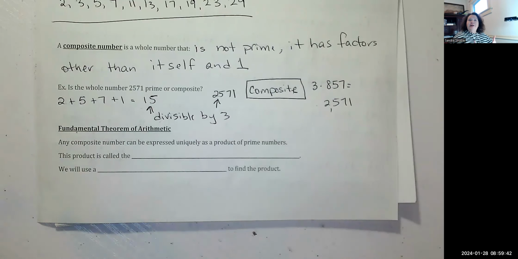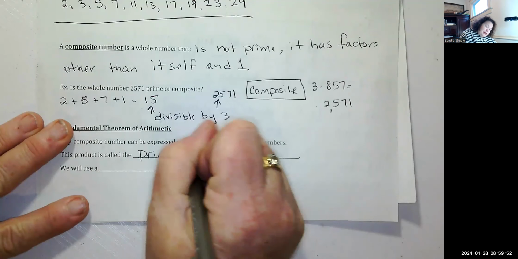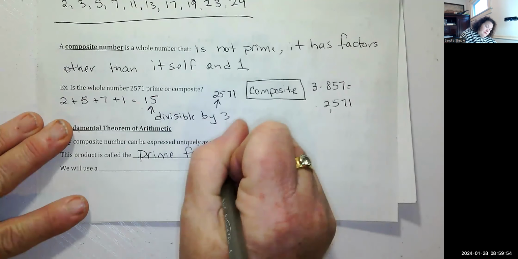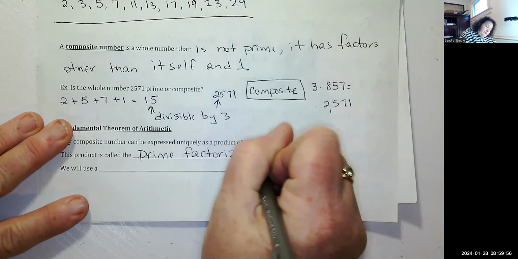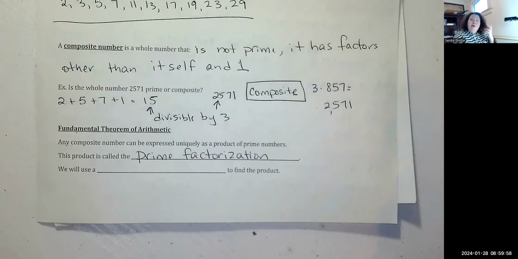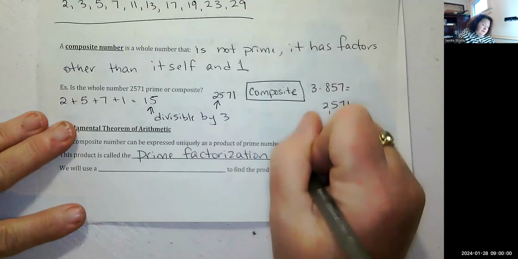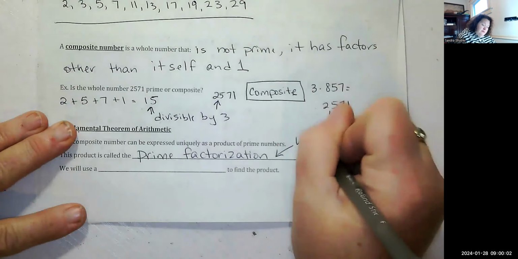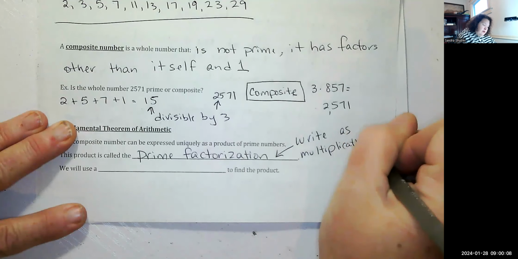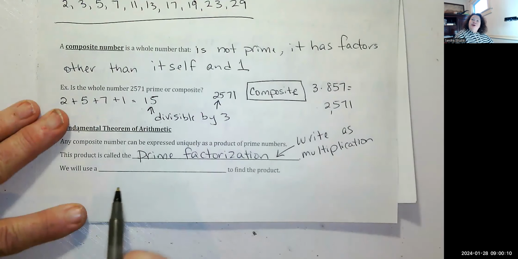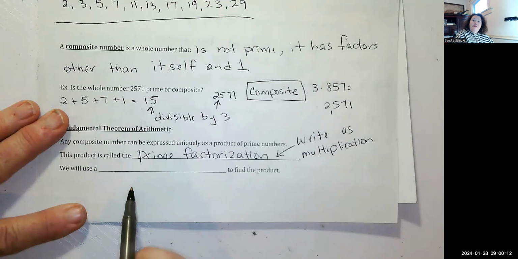This product is called the prime factorization. And you write it as multiplication. All right, we will use a factor tree to find the product.